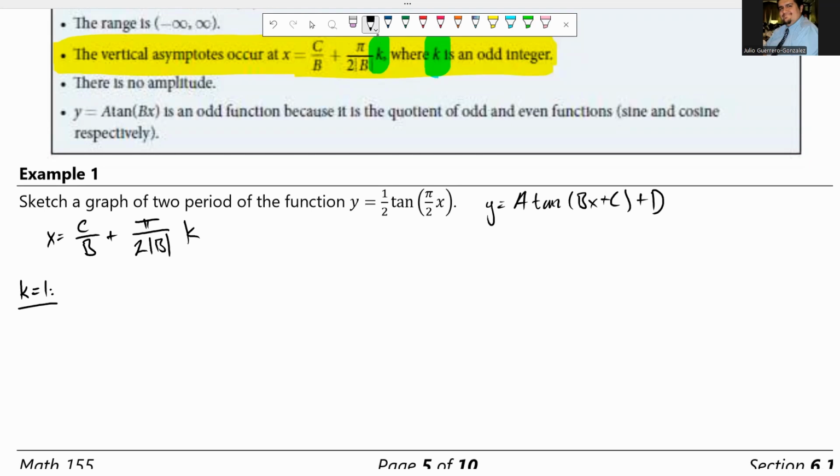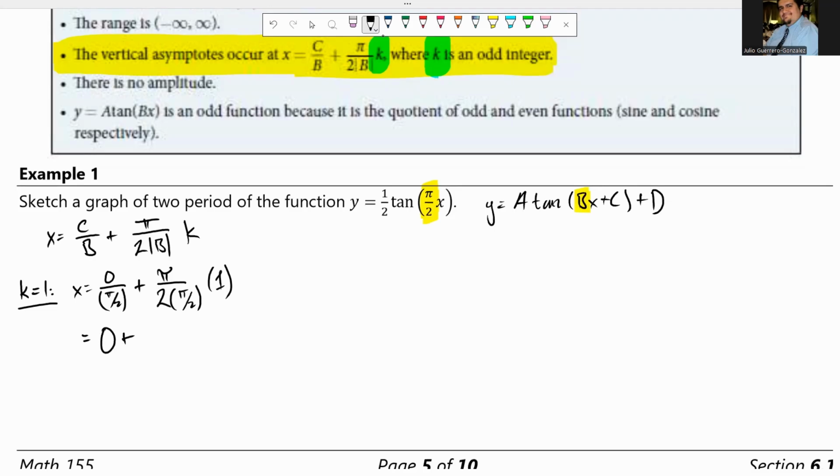So we know what we have here. That is a b value, right? There is no c value, so this is going to be x equals 0 over pi over 2, plus pi over 2 times b, pi over 2 times 1, since my k was 1. 0 divided by anything is going to be 0.